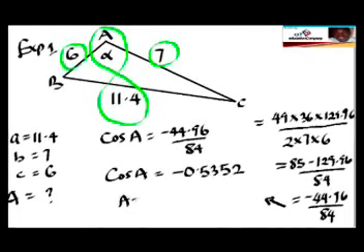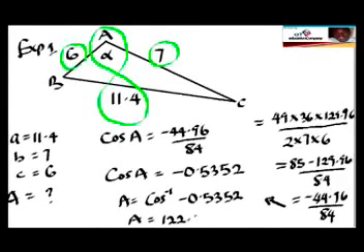Then A becomes cos inverse of minus 0.5352. Let's see what that will give. A is equal to 122.4 degrees. That's my final answer. So the angle A here is 122.4 degrees.